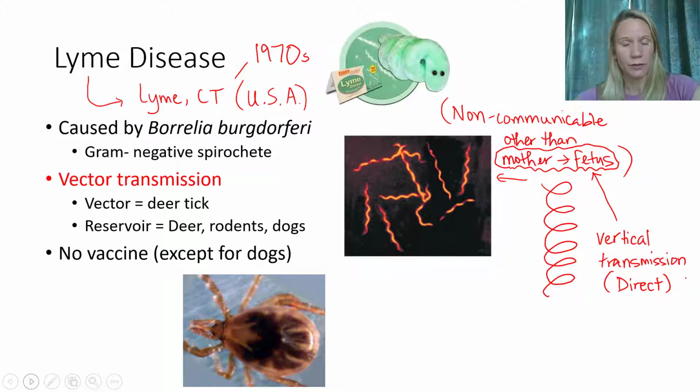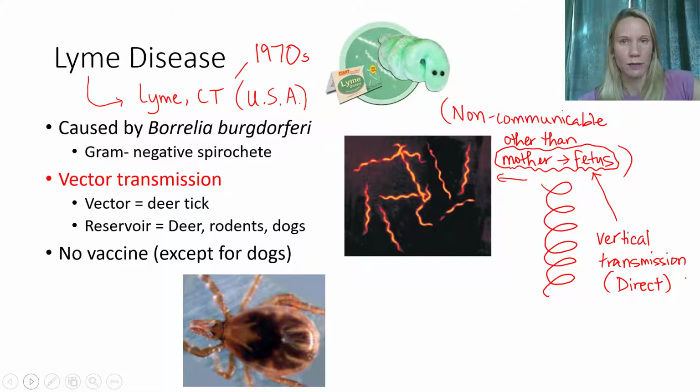It's called vertical transmission. We also use that same terminology if infectious agents pass from breast milk. So once the baby is born and the baby is in contact with the mother and say breastfeeding, it can also transmit through the breast milk.